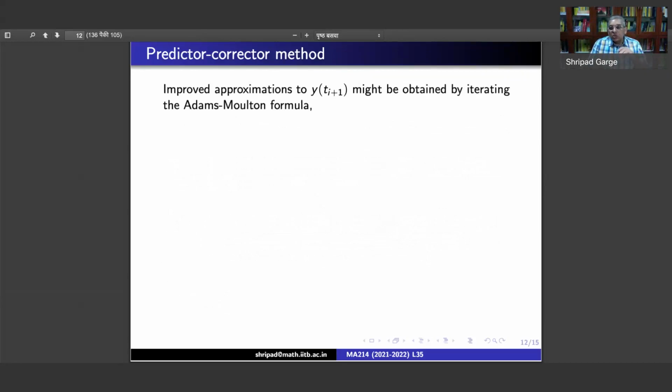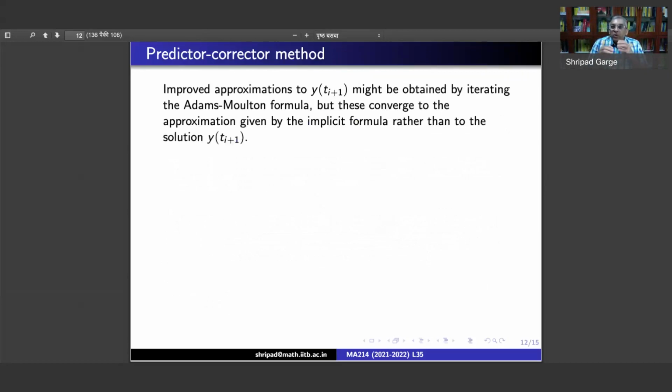but that is not so effective. If you really want to improve upon the approximation, it is better to use the implicit formula rather than the solution.